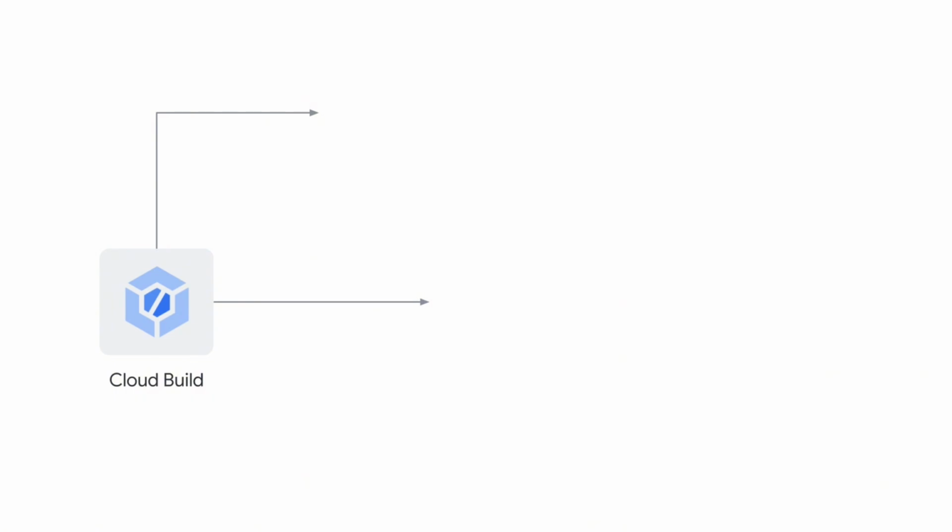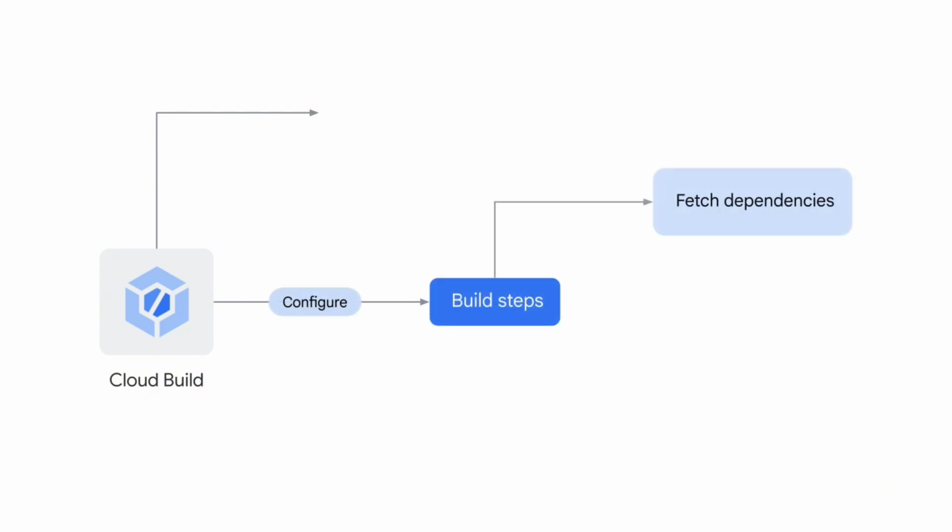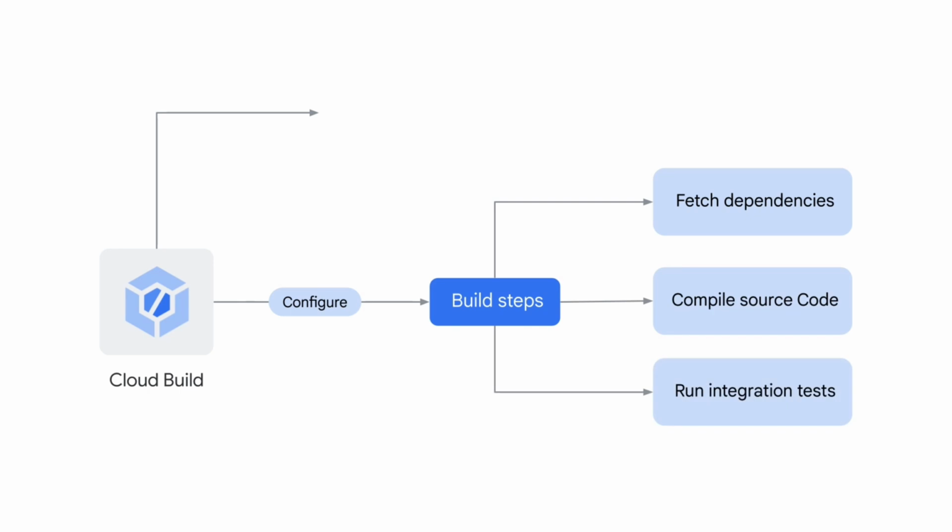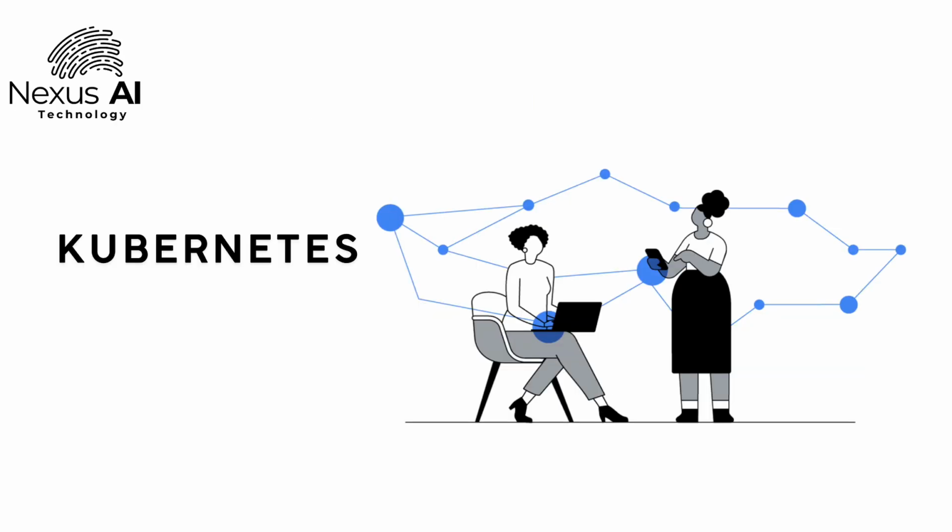For example, you can configure build steps to fetch dependencies, compile source code, run integration tests, or use tools such as Docker, Gradle, and Maven. Each build step in Cloud Build runs in a Docker container. From there, Cloud Build can deliver the newly built images to various execution environments, including Google Kubernetes Engine, App Engine, and Cloud Run functions.